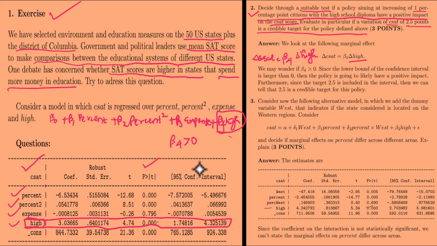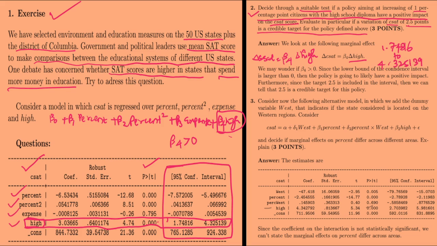You can see the confidence interval, using these two values, is from 1.74816 to 4.325139.